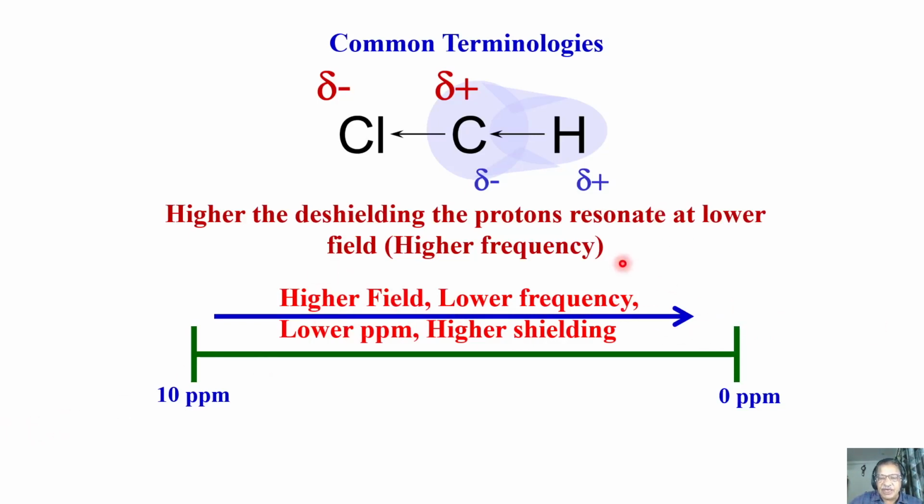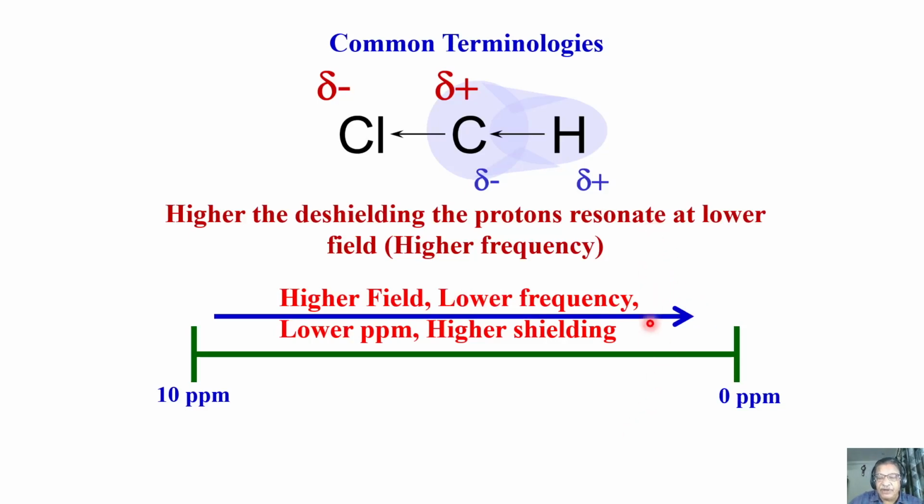The peak that comes here is at high field, then the peak comes here. And the peak that comes here is at lower field than the peak that comes here. So when you move towards the right, you are moving towards higher field, or in other words, we say it is moving towards lower frequency.